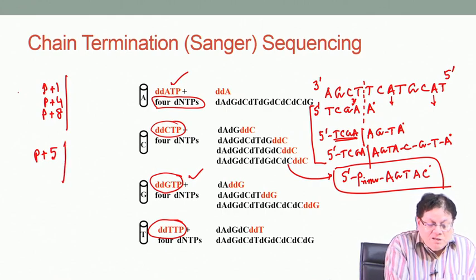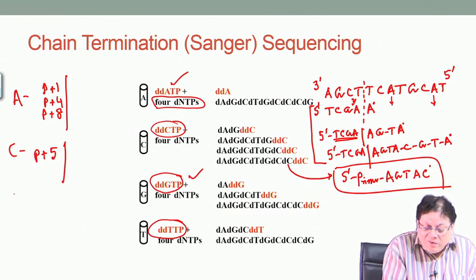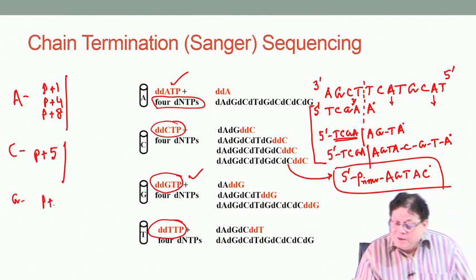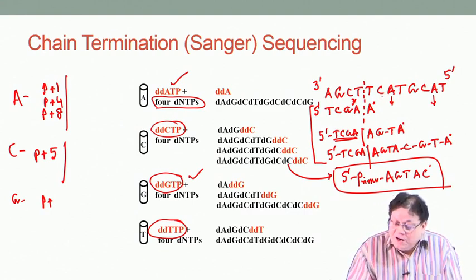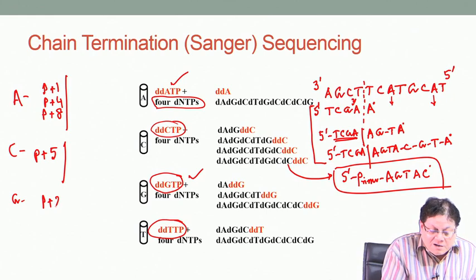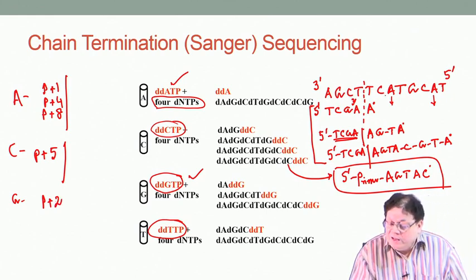Okay. So, this is your A specific reaction, this is the C specific reaction, then for the G specific reaction, you will get primer plus wherever G is required. There is a requirement of G here, there is C here, so you will get primer plus 2, and then there is another requirement of G here, so that will be 1, 2, 3, 4, 5, 6.